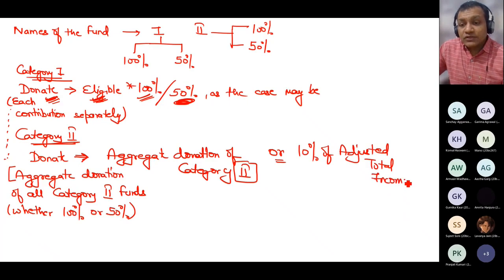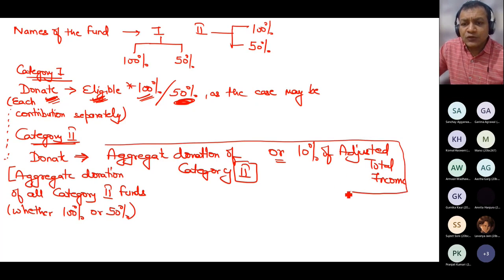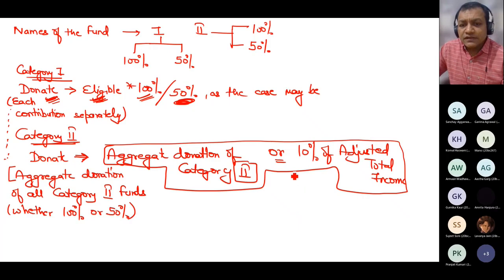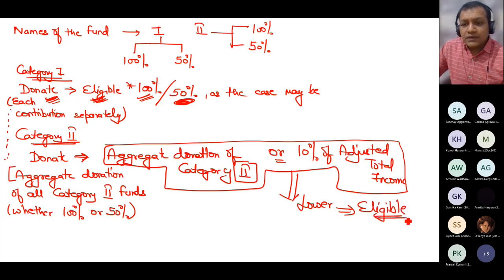Don't check individual donations. The aggregate donation of category 2, whether 100 or 50, will be compared with 10% of adjusted total income, and then whichever is lower, this lower value is eligible.